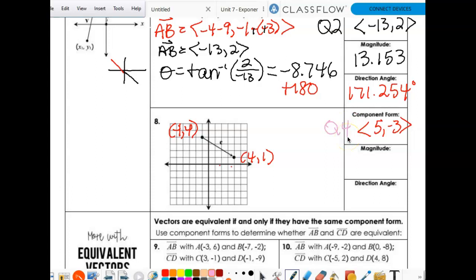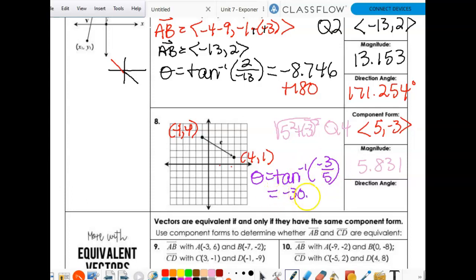My magnitude is the square root of 5 squared plus negative 3 squared. And that gives me 5.831. And my direction angle is the inverse tangent of negative 3 over 5. And that makes my theta negative 30.964.